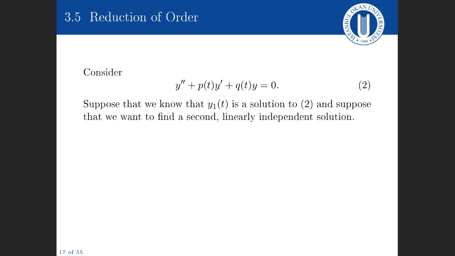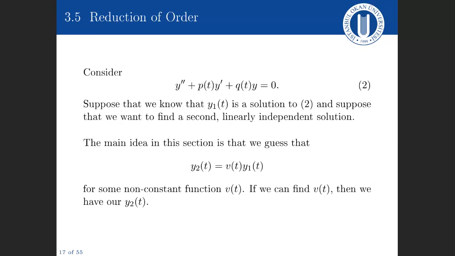Now let's suppose we know one solution to this differential equation, and suppose that we want to find a second linearly independent solution, so that we would have a fundamental set of solutions and then we could write down the general solution. What do we do?